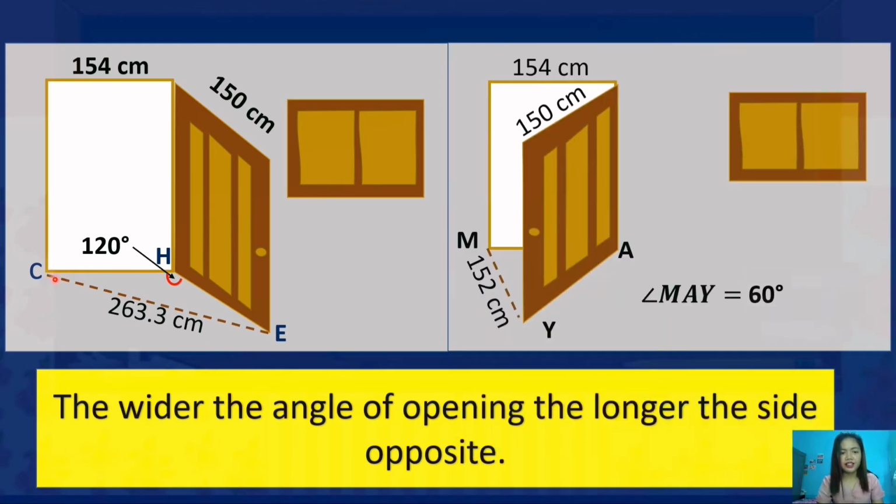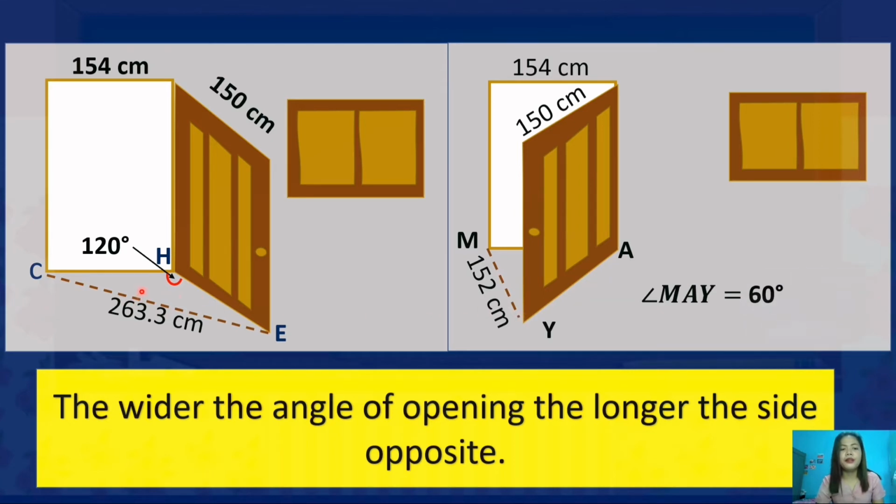So if the lengths of the first two sides of the triangle are congruent, and we have the first included angle larger than the second, then the side opposite the larger angle is longer than the second.